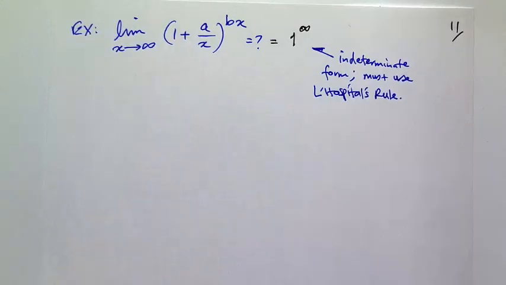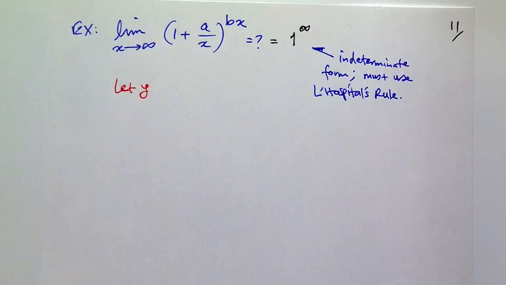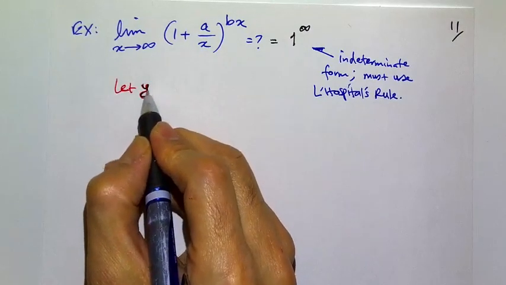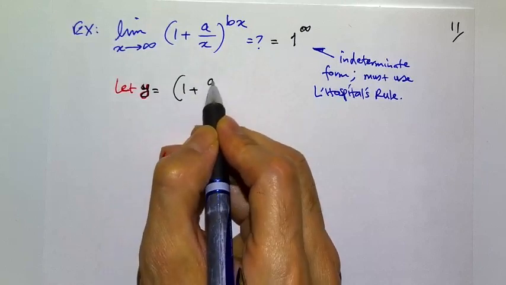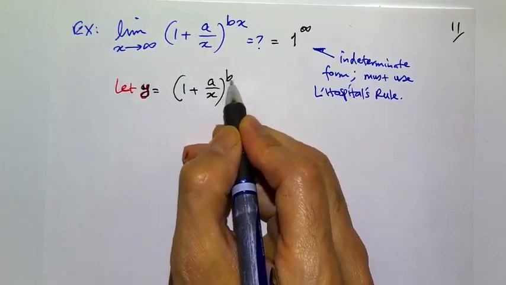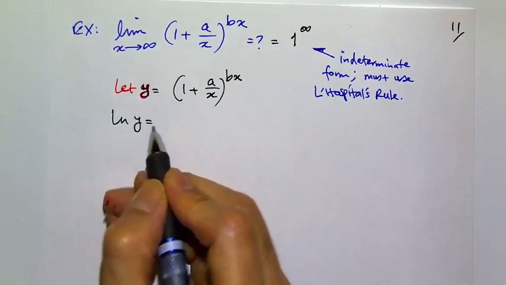So let y be equal to all of that, to the 2bx power, right? Now we're going to take the natural log of both sides.